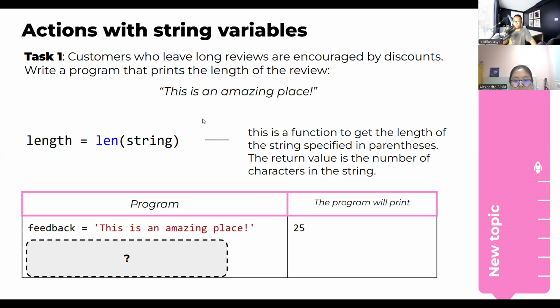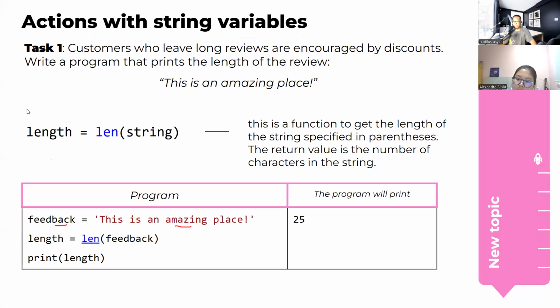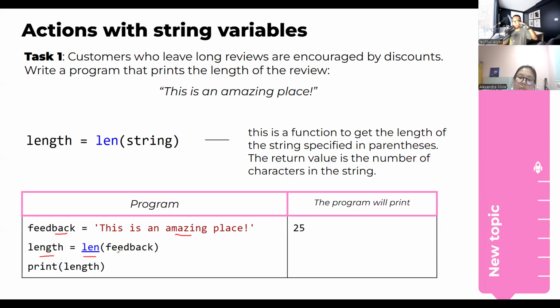If you can see here, let's say that we have some variable and we have some sentence. If you want to know how many characters are in this sentence, you can use len. How to use it is just using another variable equals len, and then you mention the variable name that contains the sentence. Then you can print, and you will get the total characters.